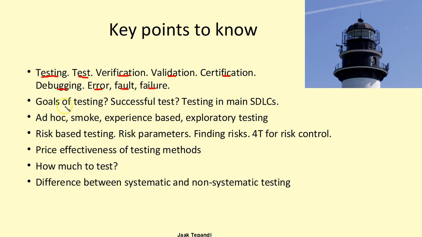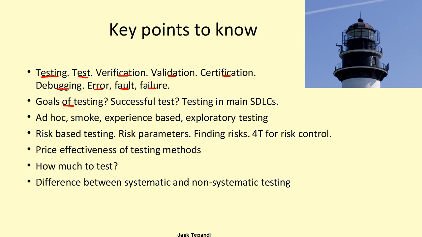Our next question is, what is the goal of testing? And what is successful test? These are interdependent. So the short answer is that it depends. In different environments, different settings, the goals of testing may also differ.